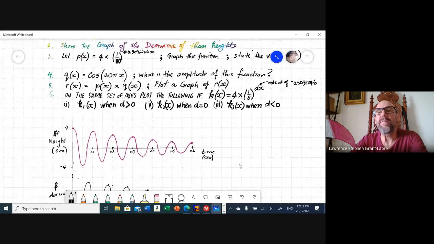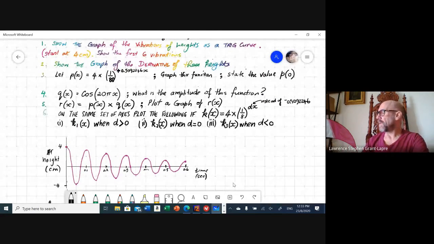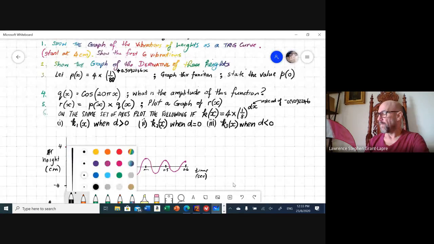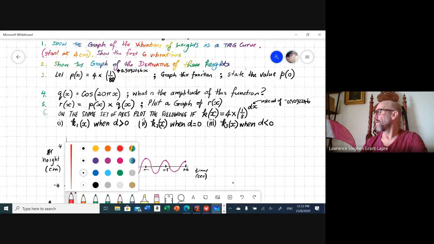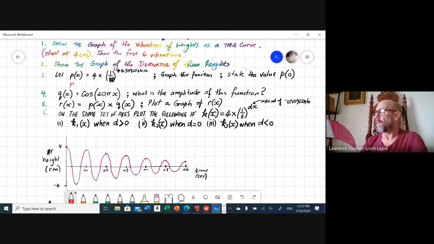State the value of P of 0. Can I do that up here? P of 0 is 4 times 1 on 80 times 0.509224 times 0, which is 4 times 1 over 80 to the power of 0, which is 4 times 1, which is 4.